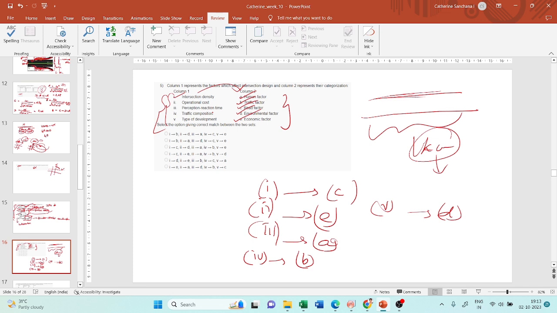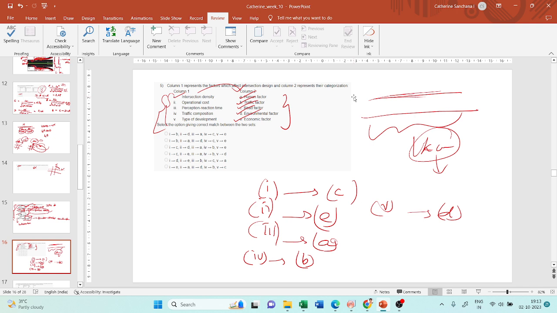Road factors, intersection density is what we saw. It can also have side distance, angle of intersection, geometric features, safety features, available right of way, all this will come under road factors, and many more. Okay, environmental factors, character and use of abutting properties.